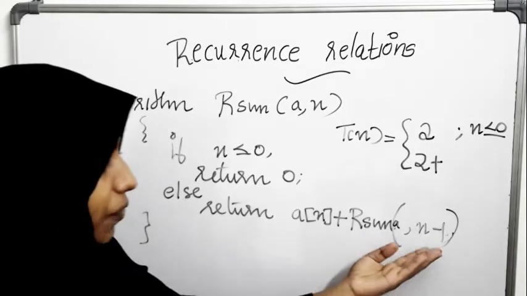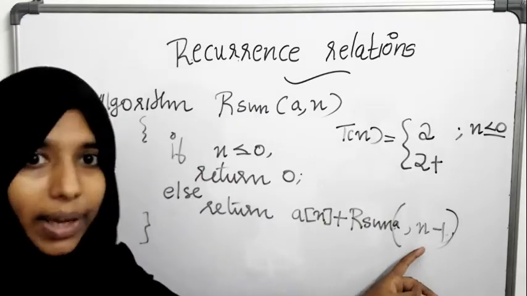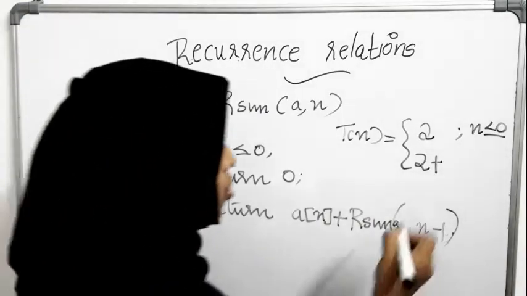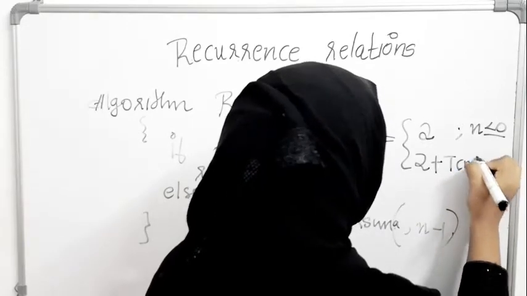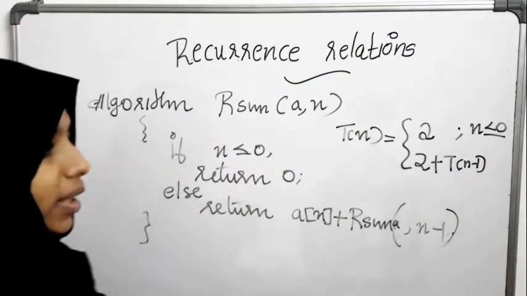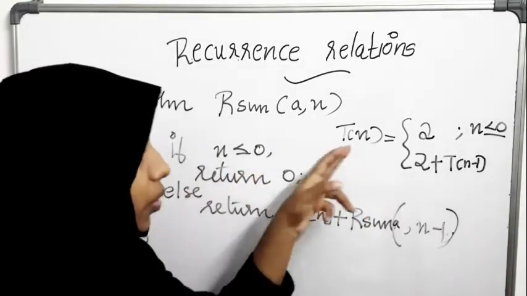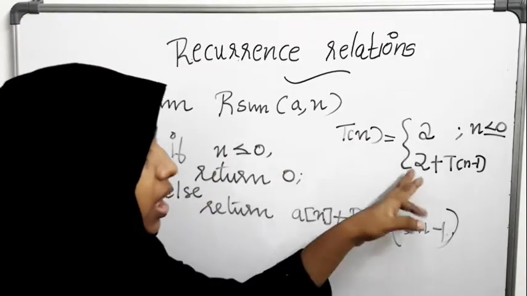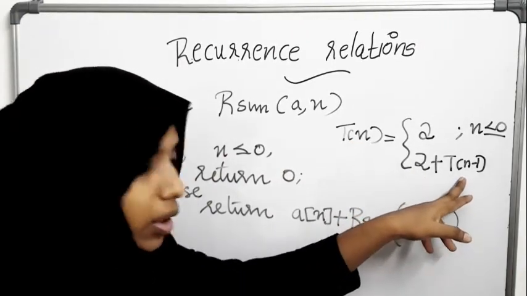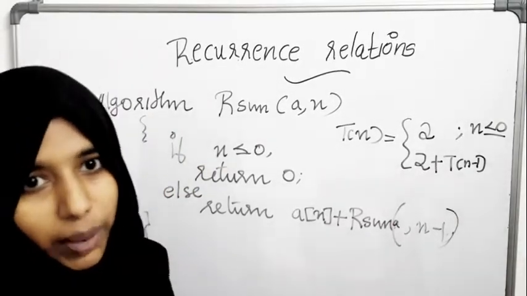That means you have to execute the function for n minus 1 as well, so we write it as T of n minus 1. We are not expanding it completely. The time required for executing this program with input size n is 2 plus the time required for executing it with n minus 1.